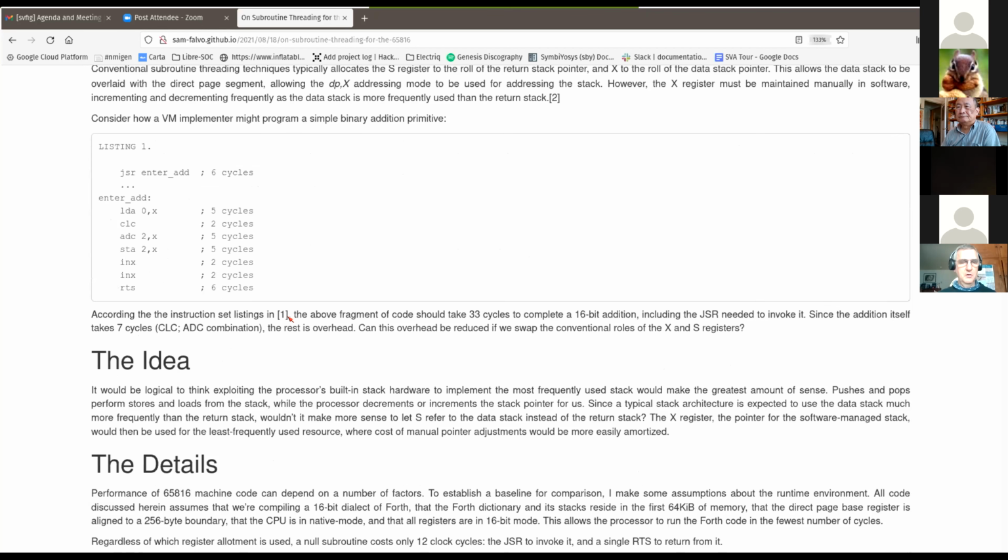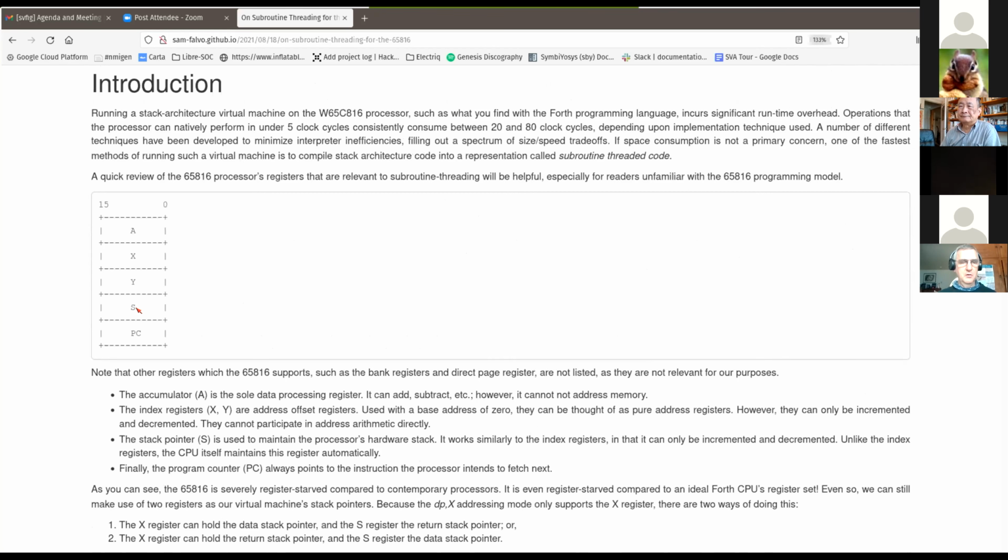So there are essentially two ways of implementing subroutine threading on the 65816 processor. You use the hardware stack, that is to say the stack pointed to by the S register, for return stack purposes, or you have the approach where S is used for data stack purposes. The question I wanted to answer is which one would be faster.